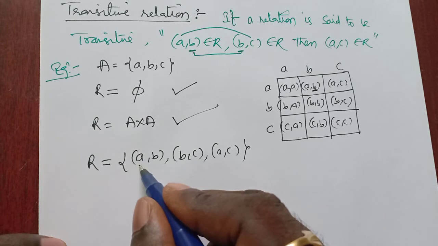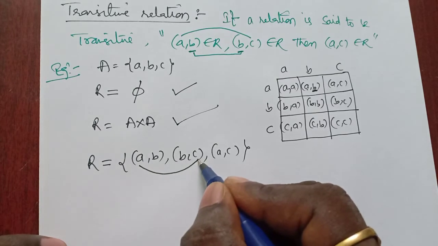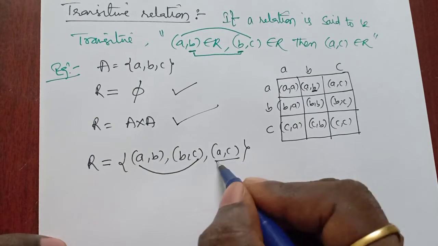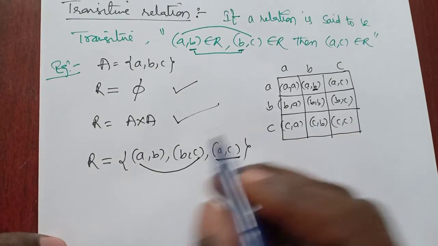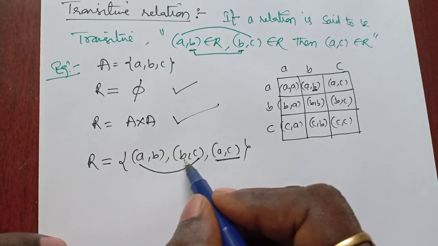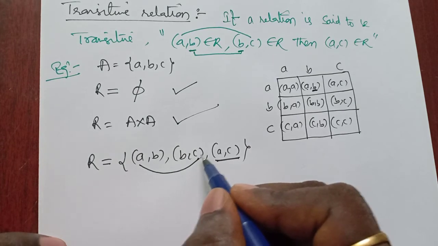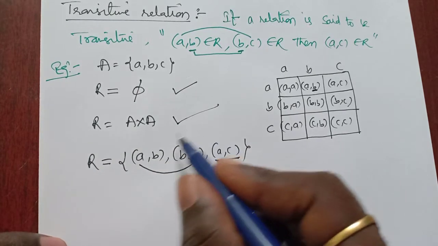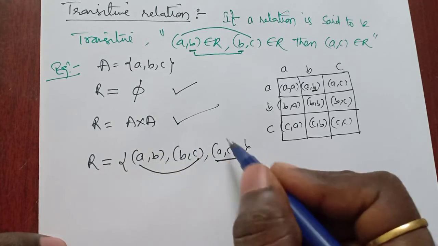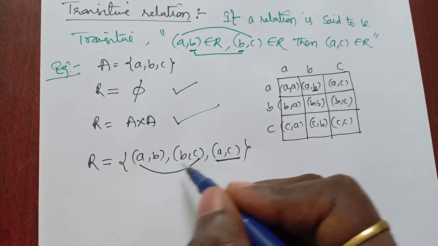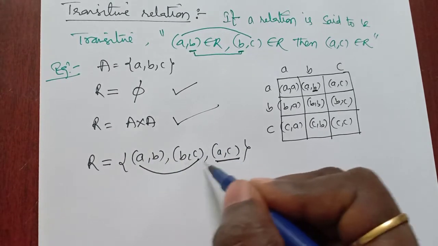So what do we have? (a, c) also. So (a, c) is present here. So no problem with this. Now clearly, suppose you take this (b, c), the element ends with c. Please check these two ordered pairs. Does any ordered pair start with c? No. So no problem with this.